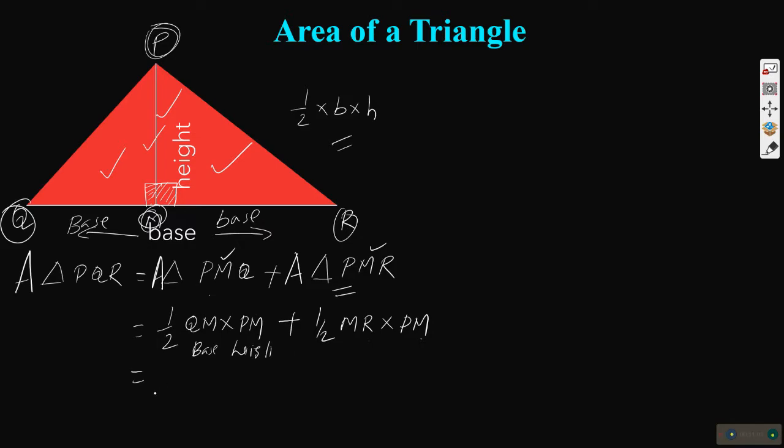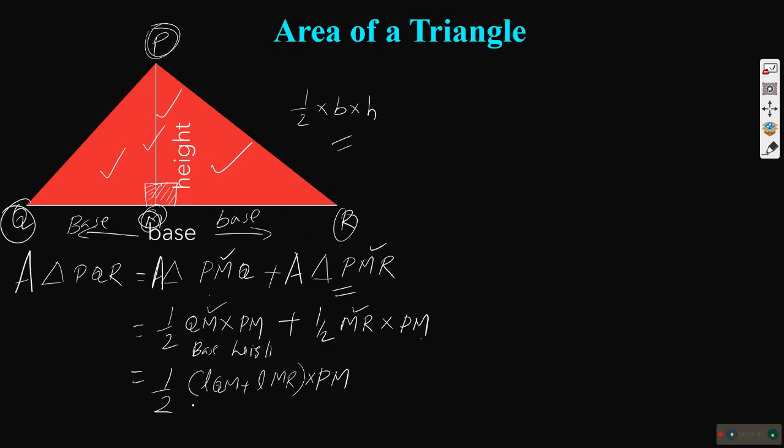Right? So why can't I write it in this format? Half is common for both. So we have half common, and why can't we think about the length of QM plus the length of MR, correct? And PM is common for both.